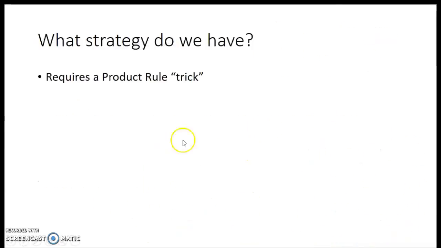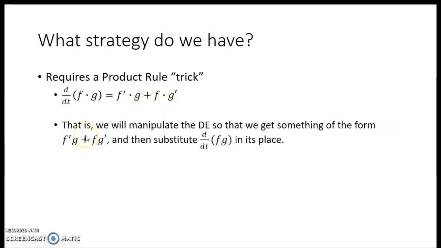So what strategy do we have to try to solve this equation where maybe we have a non-homogeneous differential equation? It requires a product rule trick, which seems strange to bring back the rule for taking derivatives into a class in which we're essentially using integrals. Now the product rule states that the derivative of a product of two functions of time, f and g, is the derivative of one times the other unchanged plus the first function times the derivative of the second.